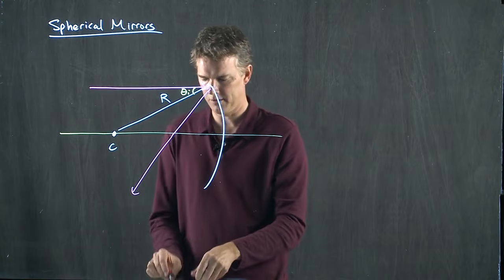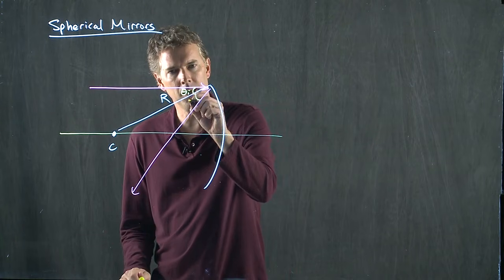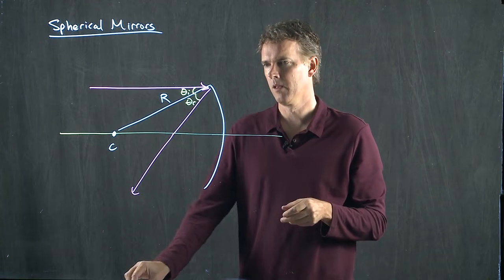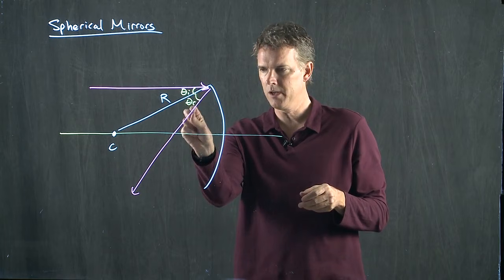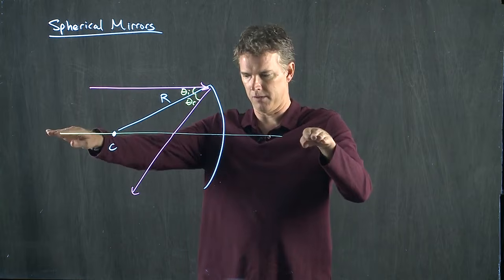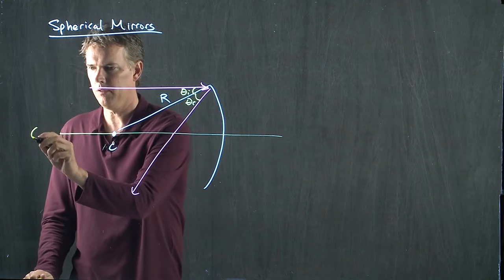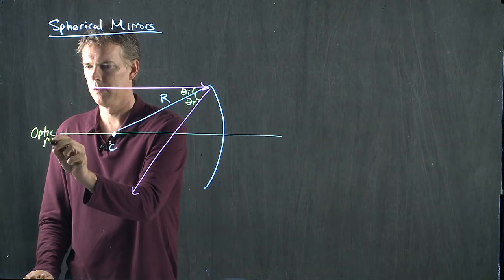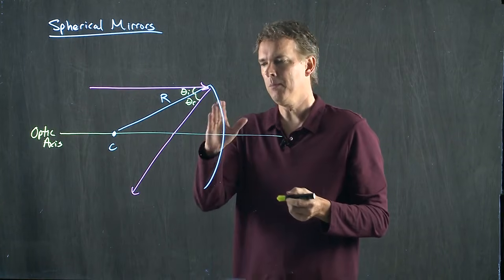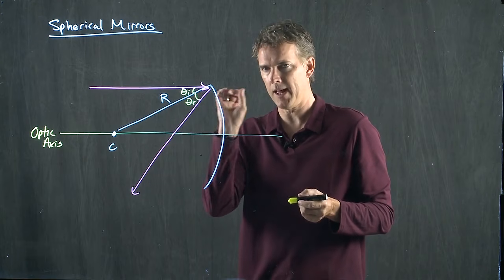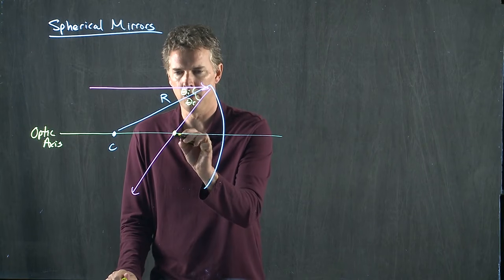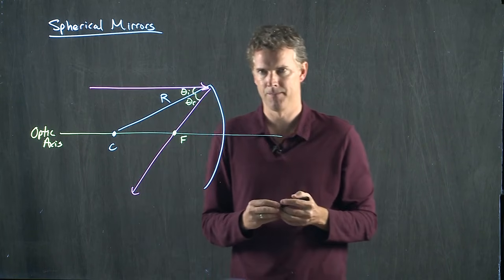And so the ray takes off at that angle, theta R, and we know that those have to be exactly equal. So if those are equal, that means that it crosses this thing, which is called the optic axis, or the optical axis. It means that it crosses the axis at a very particular point. And that point is called the focal point of the mirror.